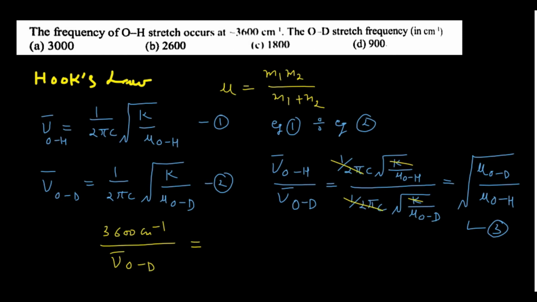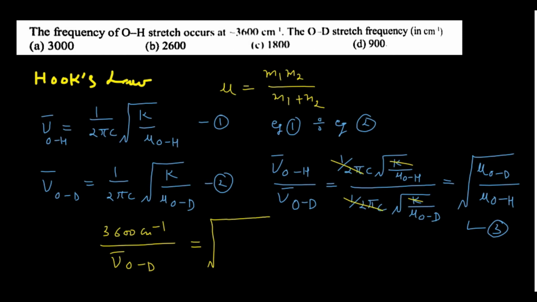And then you can go for the reduced mass. How can you go for the reduced mass? It is again quite easy. I already gave you the formula for the reduced mass. So first of all, I am going for mu OD, where deuterium's atomic weight is 2 and oxygen is 16, right?